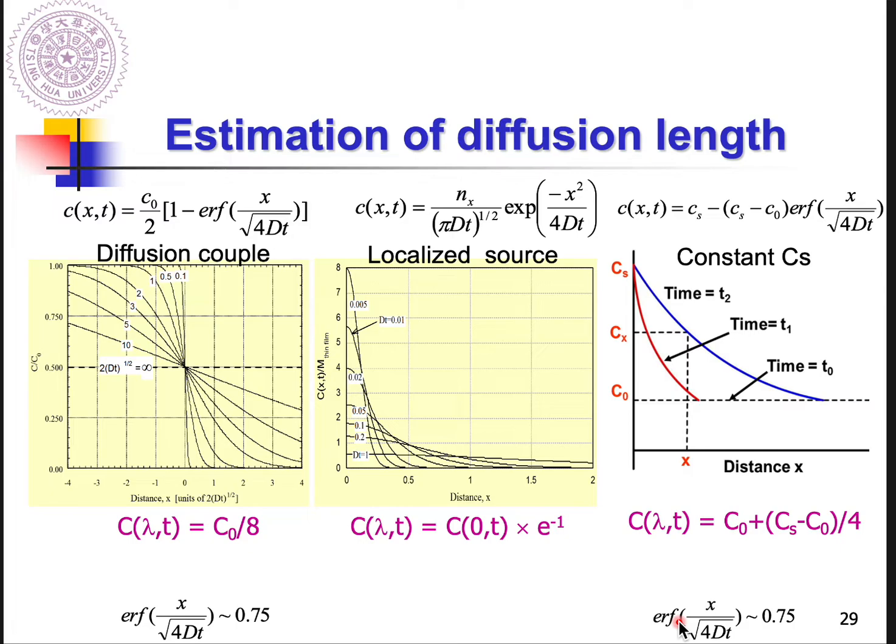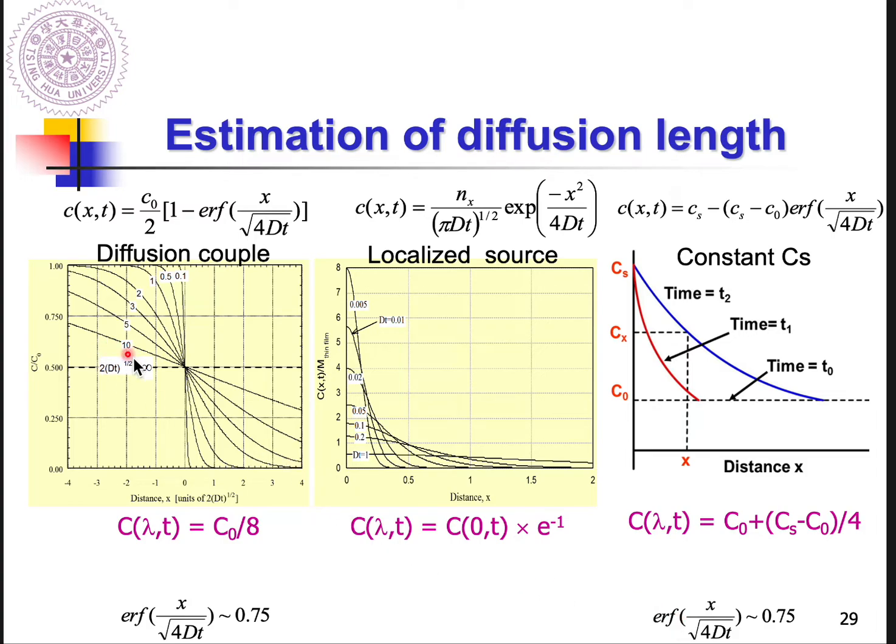But some people will probably ask, this diffusion length, the square root of 4Dt, corresponds to what concentration of diffusing atoms compared to the diffusion source?